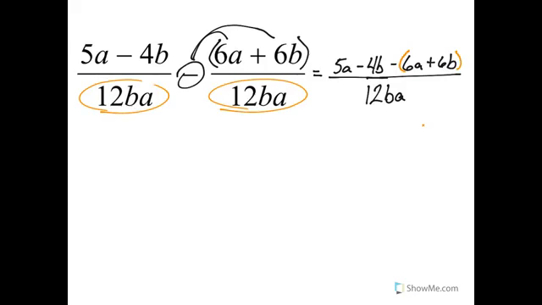So there's my rewrite. Here's the step where most everybody should really go: rewrite this as minus 6a and minus 6b. And then the denominator just keeps tagging along.